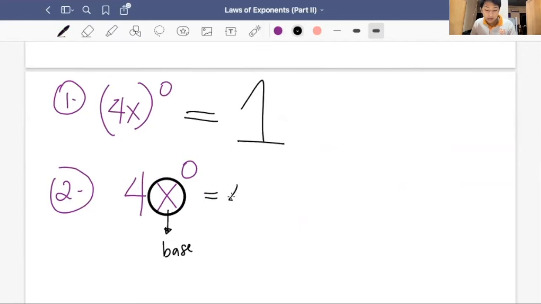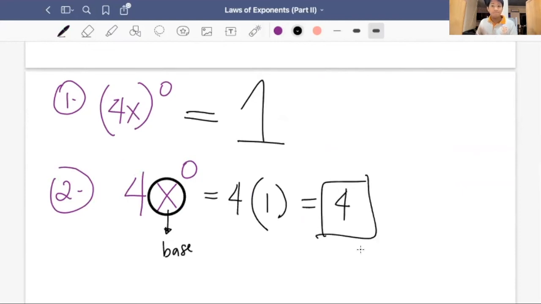But 4, let's copy the 4, multiplied by x to the 0, that is 1. And the answer is 4. Okay, be careful with that, huh? The one that has parentheses and the one that doesn't have parentheses.